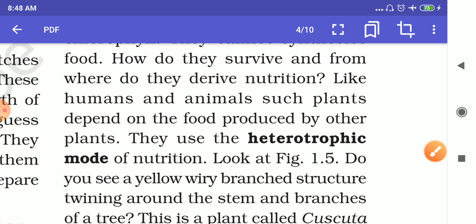Why can they not prepare their food? Because they can't do photosynthesis, or even if they do photosynthesis, they lack some nutrients. Why can't they do photosynthesis? Because they lack chlorophyll.